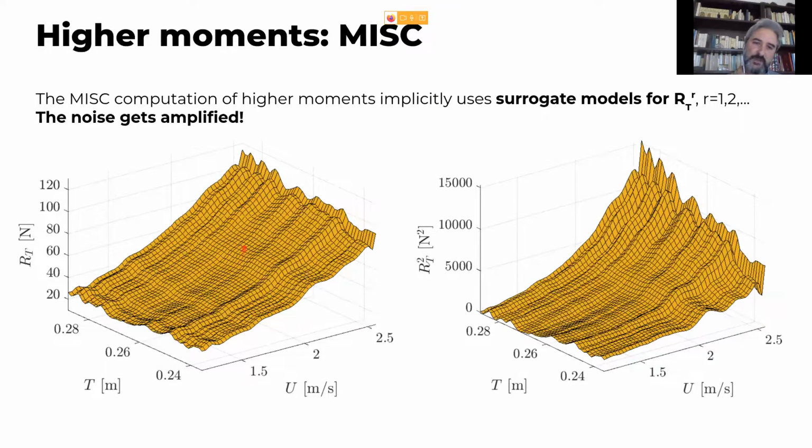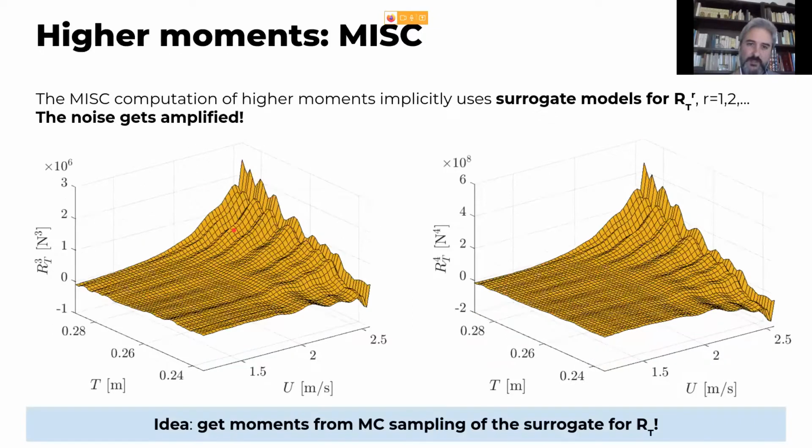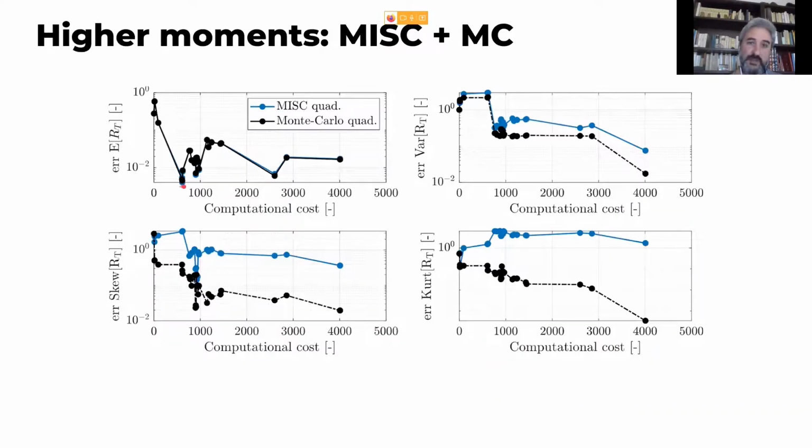So instead of taking powers of this surface and then doing the sparse grid quadrature of this, you do a Monte Carlo sampling of the response surface and then compute higher moments from those samples. And this actually works much, much better.